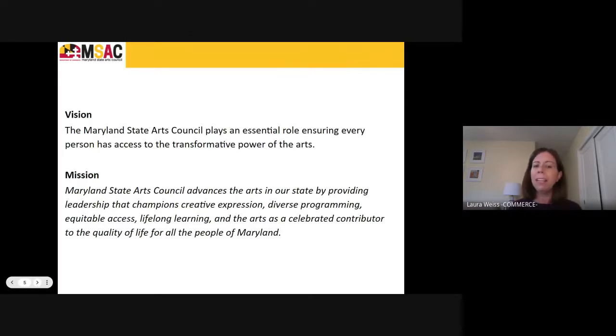The Maryland State Arts Council has a vision to play an essential role ensuring every person has access to the transformative power of the arts. And we do that through our mission, which is to advance the arts in our state by providing leadership that champions creative expression, diverse programming, equitable access, lifelong learning, and the arts as a celebrated contributor to the quality of life for all of the people of Maryland.